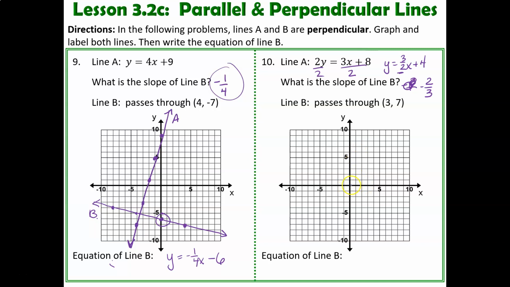First, let's graph this one. So line A starts at 4. I'm going to go up 3 over 2. So this is line A. And then let's do 3, 7.